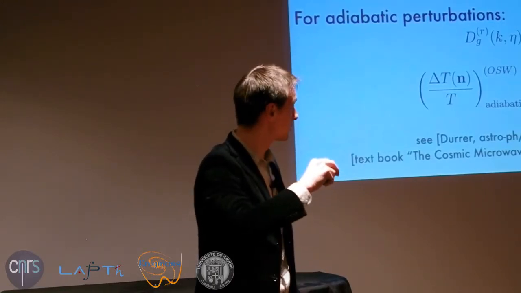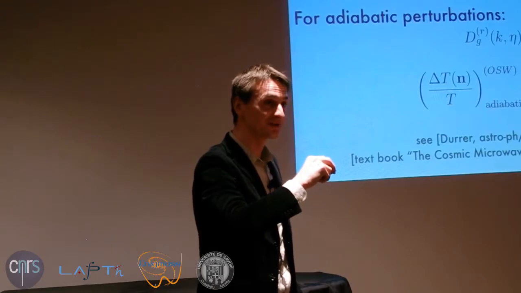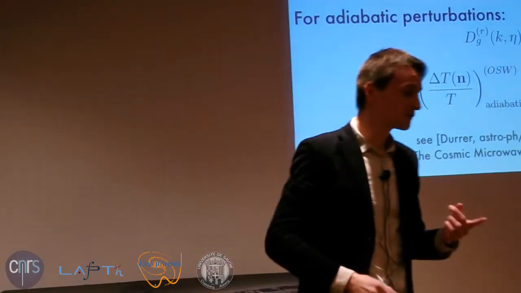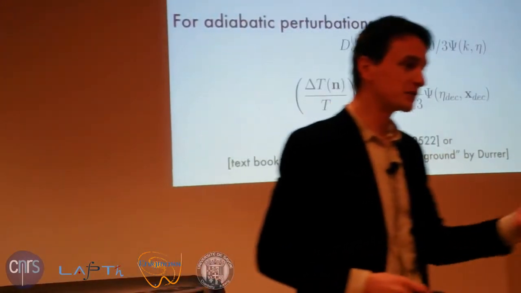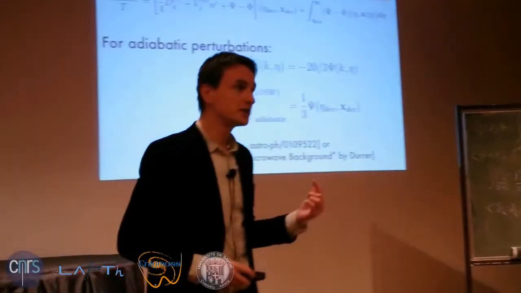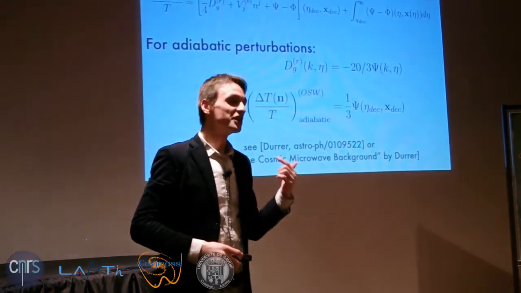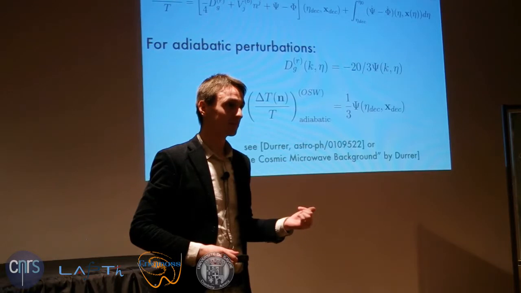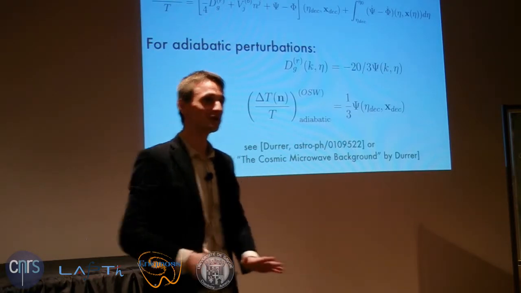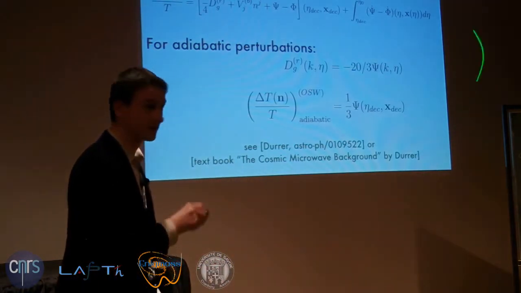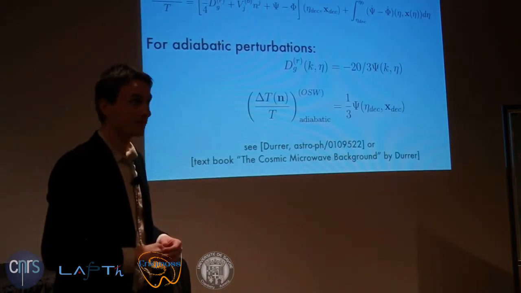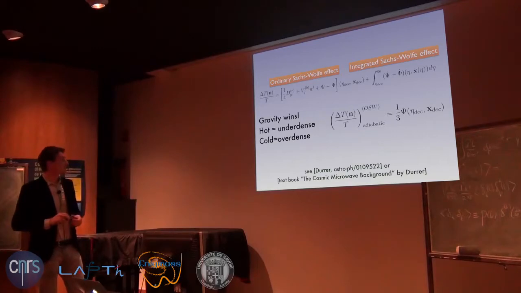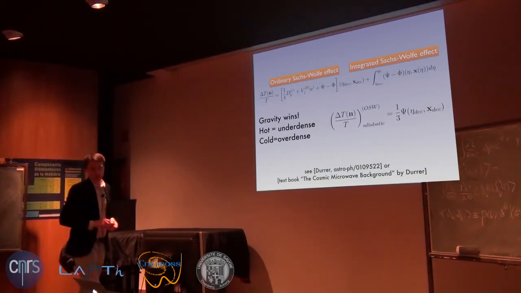And that is all encoded in the sign of this equation. This is a positive sign. So this is a funny fact that I want you to keep in mind, because it does come back every time you look at CMB pictures. A hot spot is an underdensity, and a cold spot is an overdensity. This is a very simple fact that I hope you take home from looking at this slide. So gravity wins. Hot is underdense, cold is overdense.